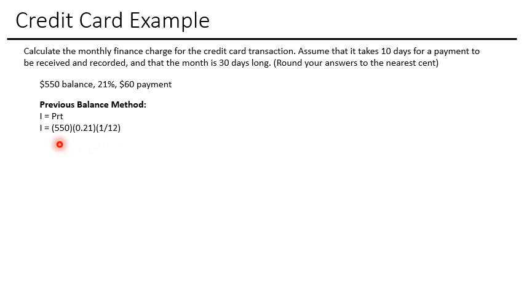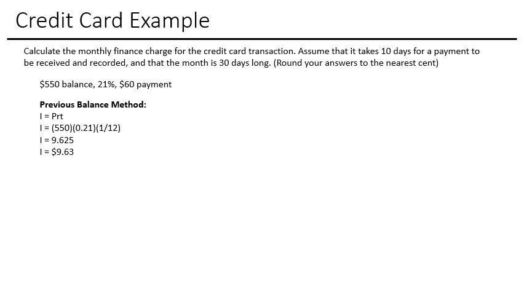And so we would just say 1 divided by 12. All right, so you just plug all of that into your calculator. We would get 9.625, and you want your answers rounded to the nearest cent. So you would get $9.63.